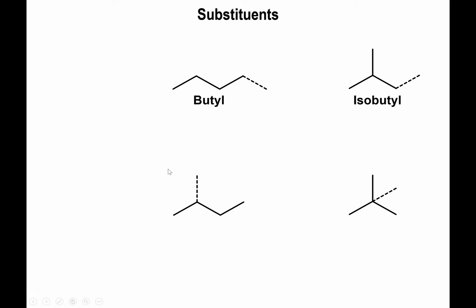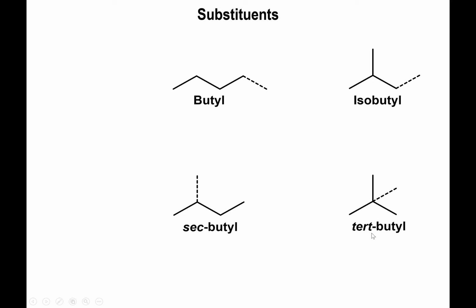However, if the connection happens in one of the middle carbons, so you have butane but connections in the middle, or isobutane and connection is through the middle, these things are going to be called differently. They're still going to be called butyl, but they have a prefix in italics. They have the prefix sec and the prefix tert.